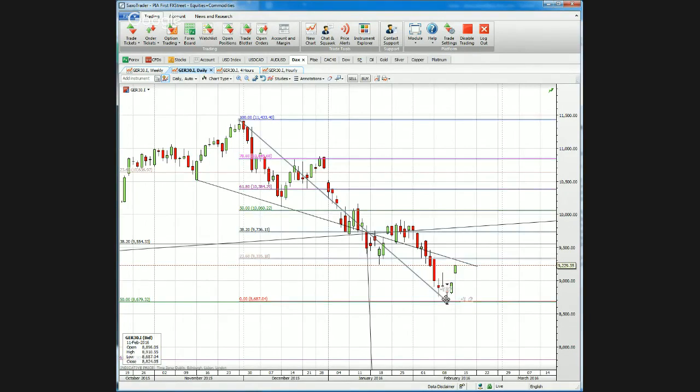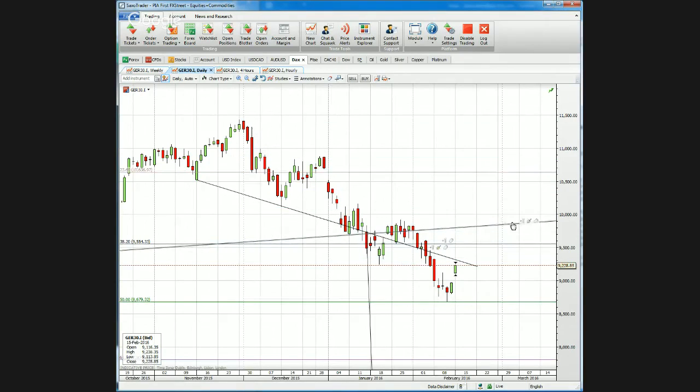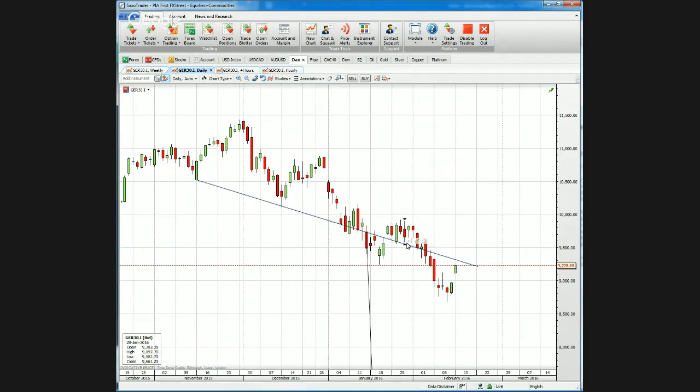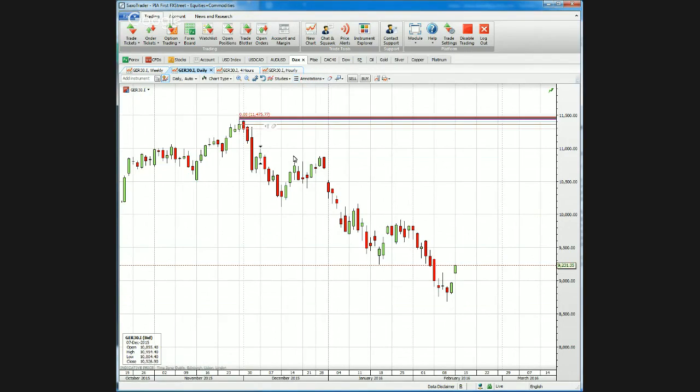Now, let me just show you where I would start to build the trend line resistance, the horizontal resistance. I'll strip all these away and start with my fib.